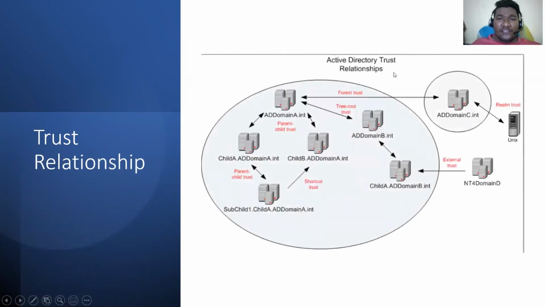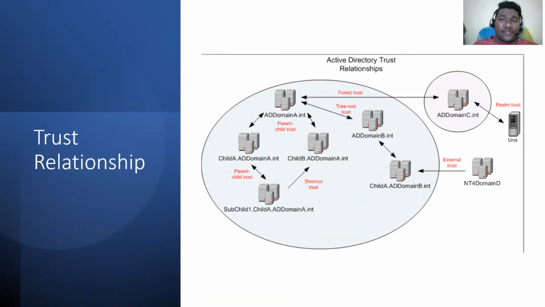Moving on to the trust relationship. Let's say, for example, you have a forest with the name Usman.com and another forest with the name Surendra.com. These are two different forests.